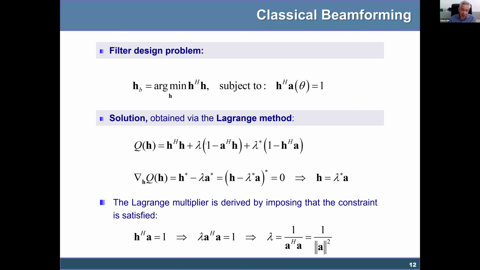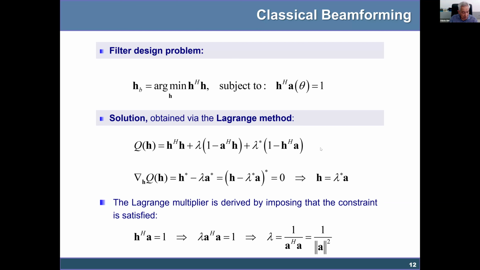So you have lambda times (1 minus A Hermitian H) plus the complex conjugate, so the Hermitian of the first term. So we have the first constraint, that is the classical one, plus the Hermitian.